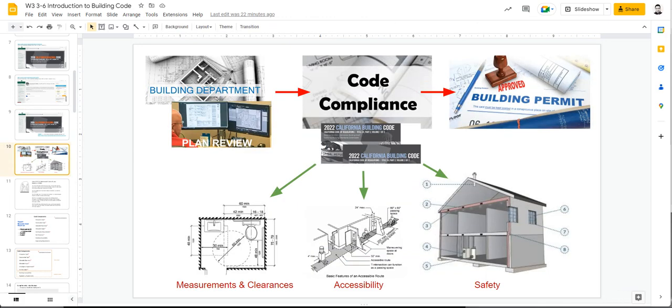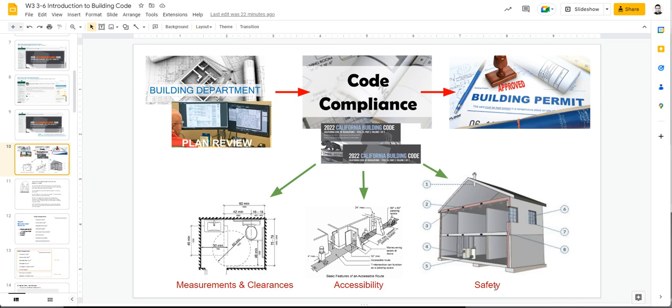Now the purpose of the building code is to actually provide a means or ways to produce a building that is appropriately measured for space clearing and clearances, that has properly measured for accessibility and provided access for the disabled.